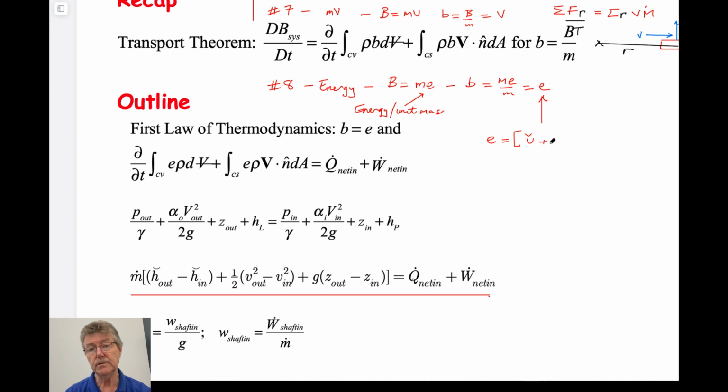This is what the book uses. It's P, pressure over density, plus V squared over 2, plus g times z. And I won't draw a figure for it because you recognize probably most of these terms.